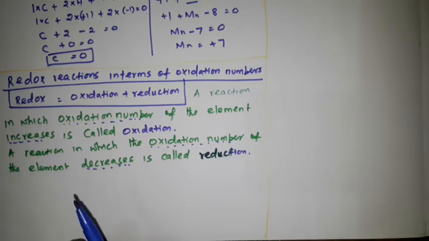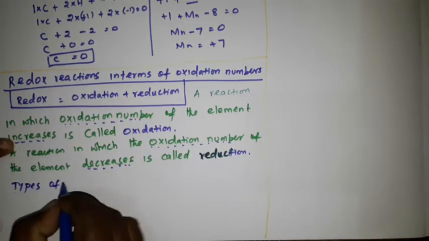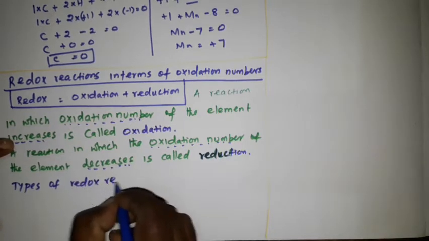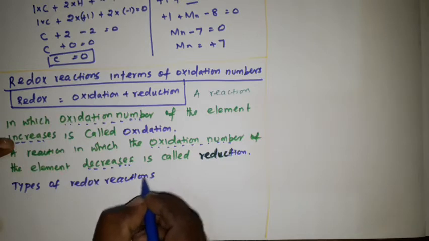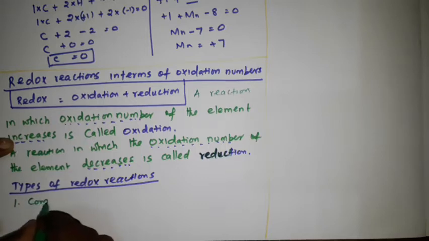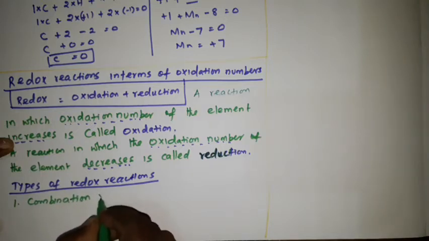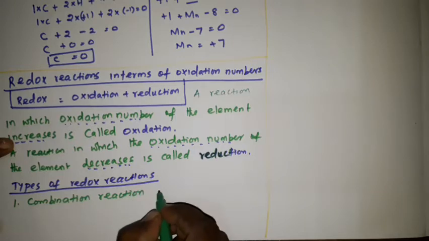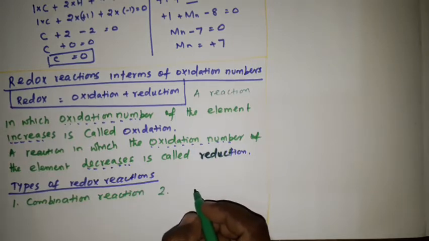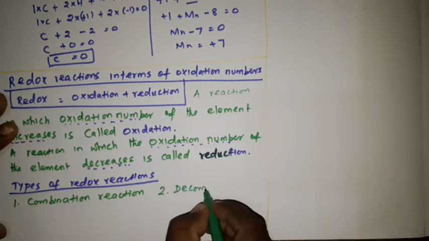So, before seeing the examples, we will see the types of redox reactions. First one is combination reaction. Number 2 is decomposition reaction.